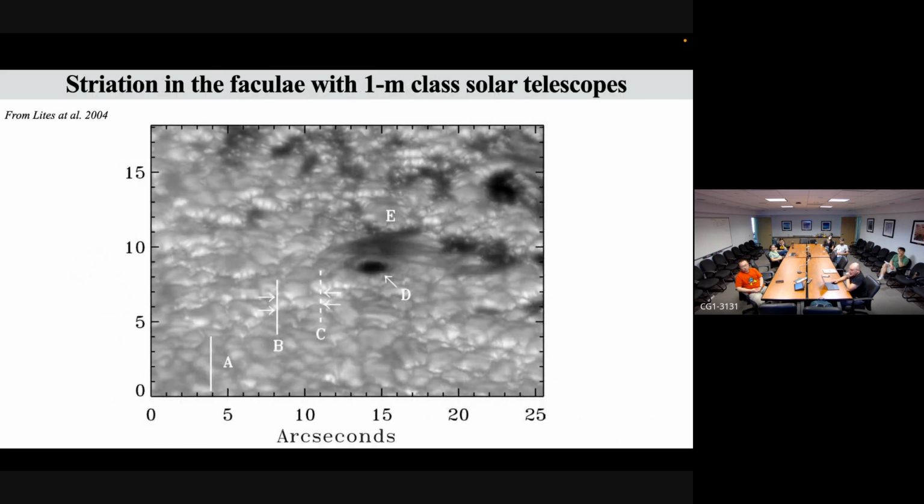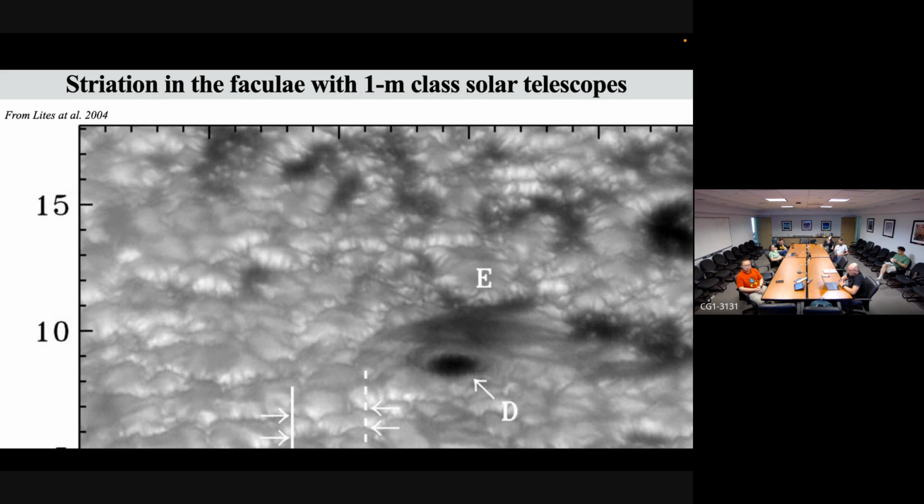Okay, so the striation in faculae was discovered with 0.1 arcsecond observations with 1-meter class solar telescopes. Here I have an image taken from Lites et al. 2004, which is one of the first observations of photospheric striation. And we can clearly see these dark stripes that are crossing the bright facular elements.